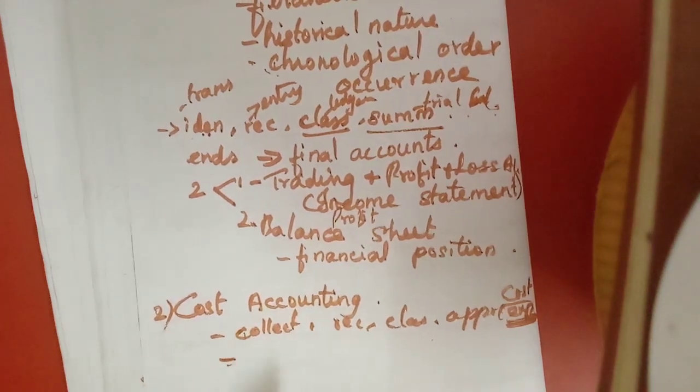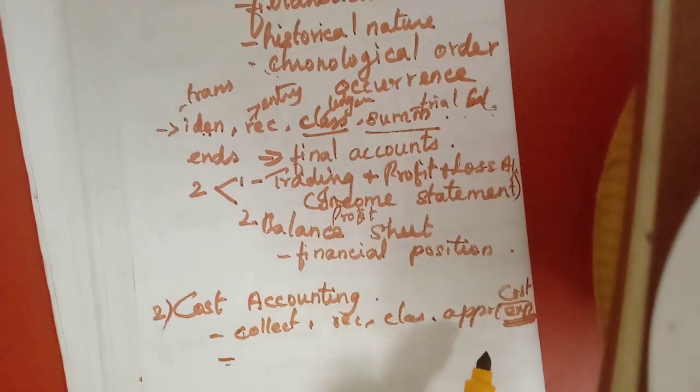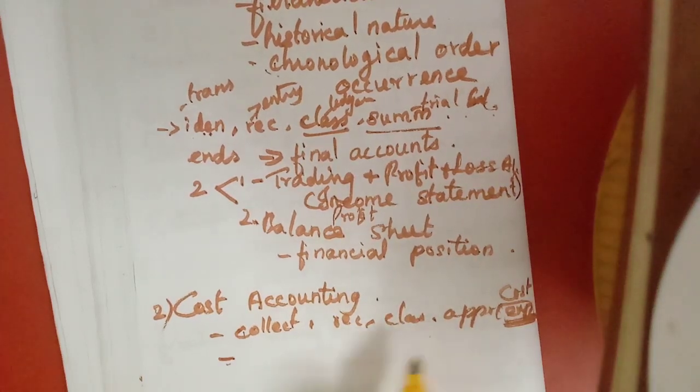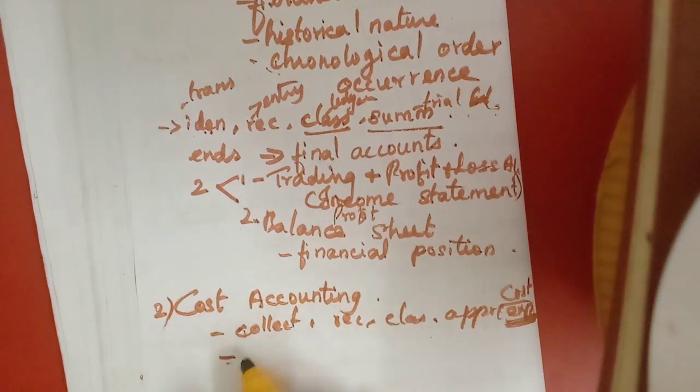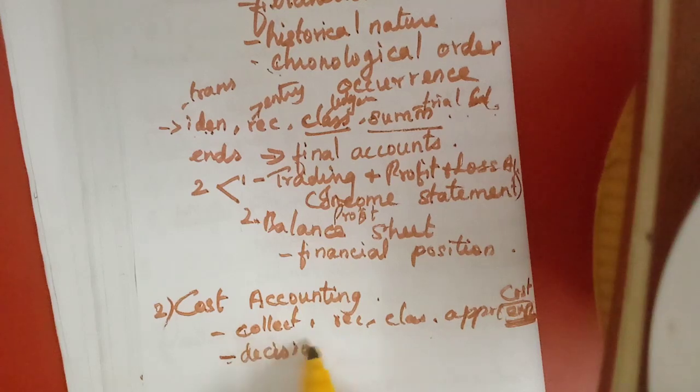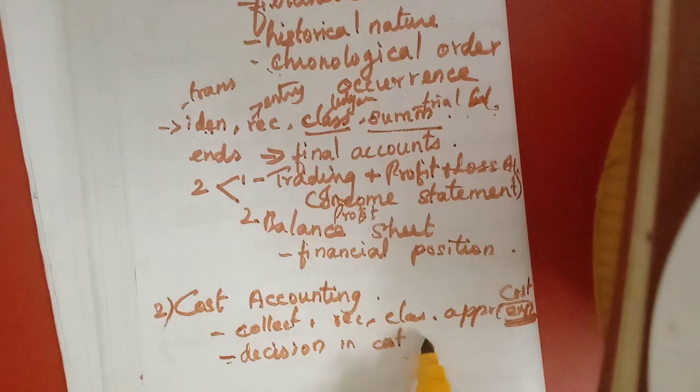So that will be compared, and they will allocate the cost and calculate the cost of the product, and they should take proper decisions. Who? The management. Decisions in cost control.